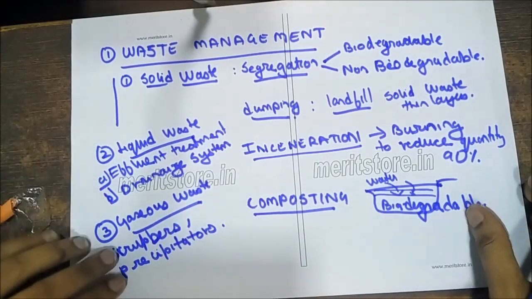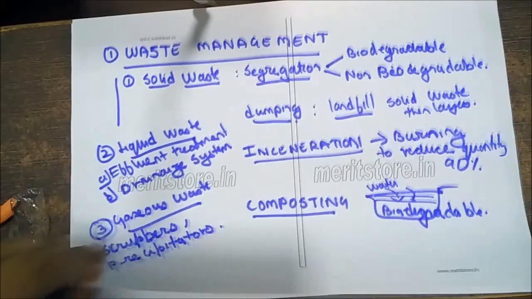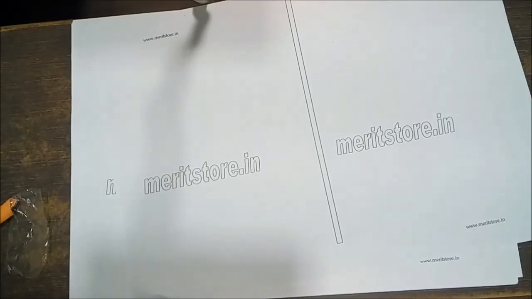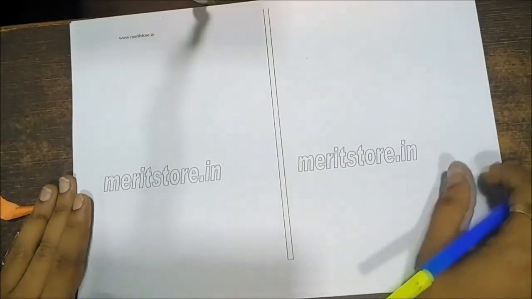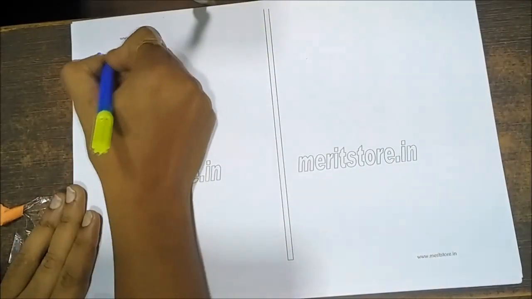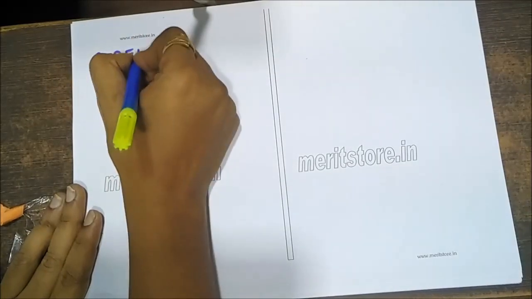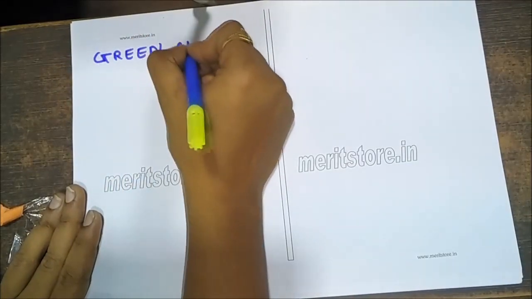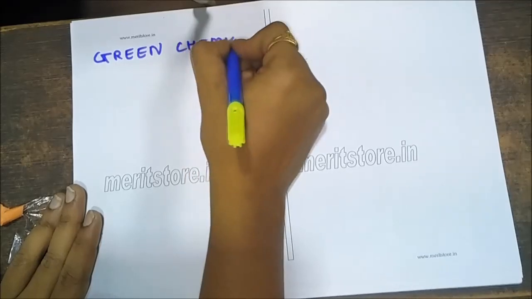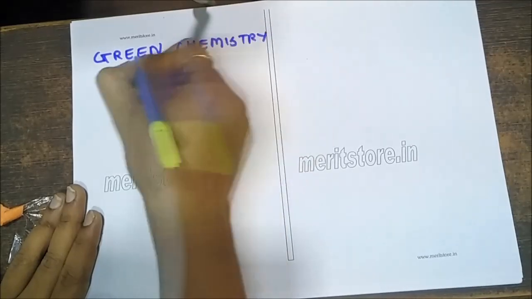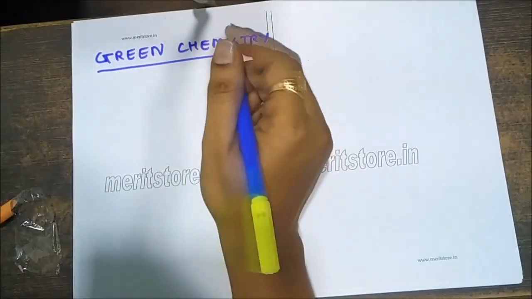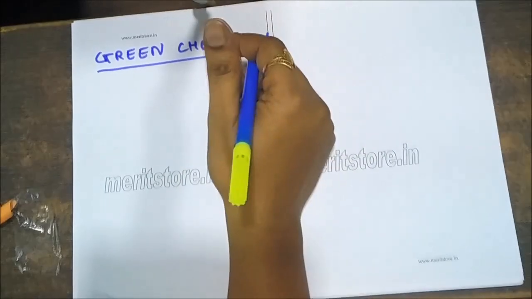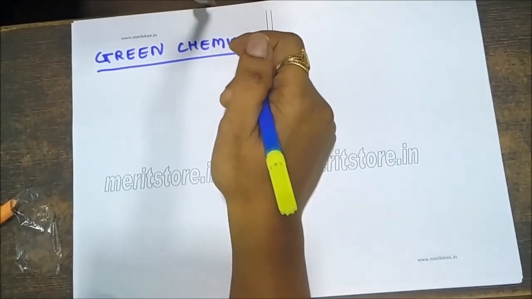All right, next let's study what is green chemistry. Green chemistry is the use of chemistry for pollution prevention.